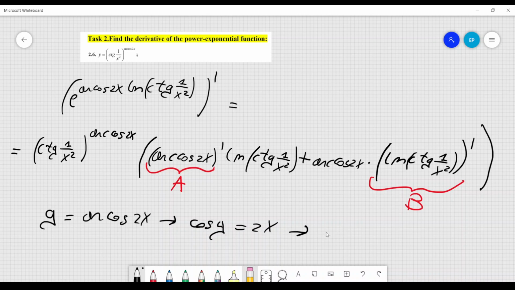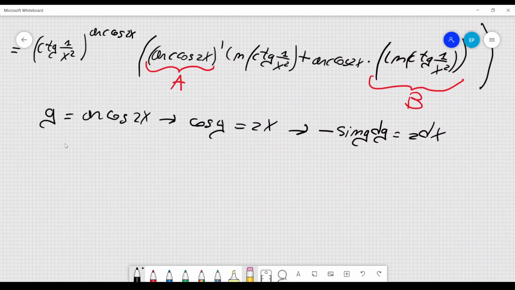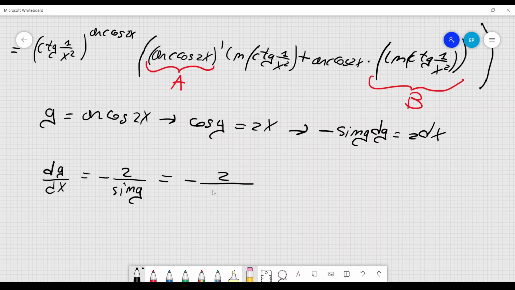From here, if we take differentials, we have minus sine g dg equal to 2 dx, right? And from here, we can derive dg over dx, which is equal to minus 2 over sine g, and the sine of g is equal to the square root of 1 minus cosine squared g.